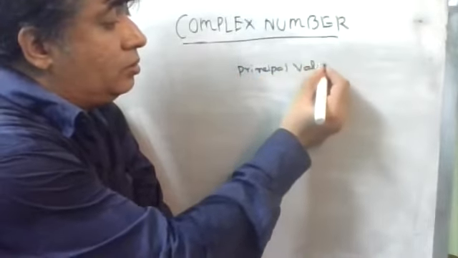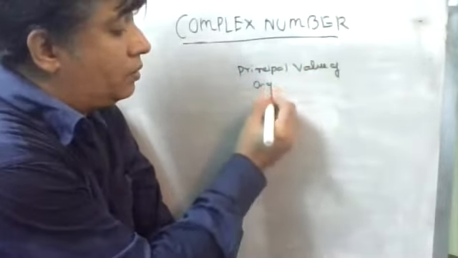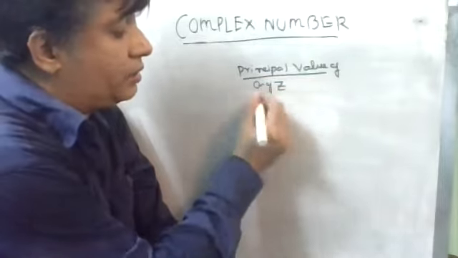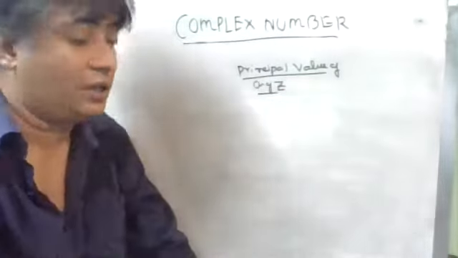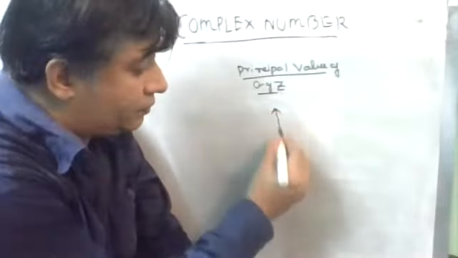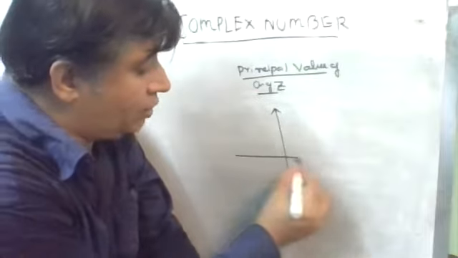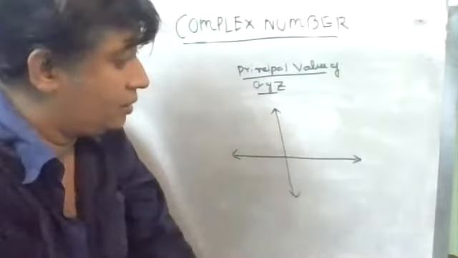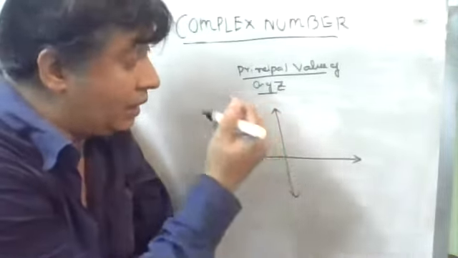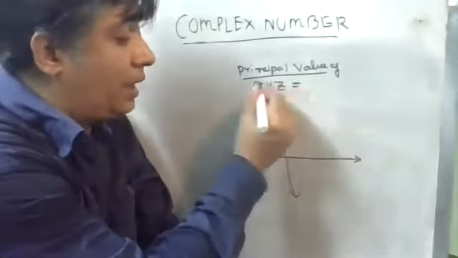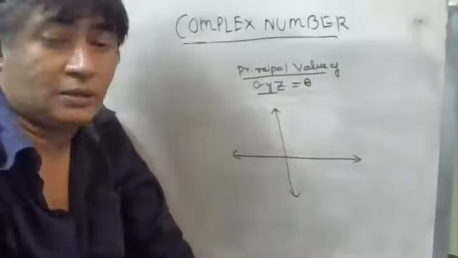Principal value of the argument of z. Important part, conceptual part. See, let's draw the complex plane. The argument of z is theta.